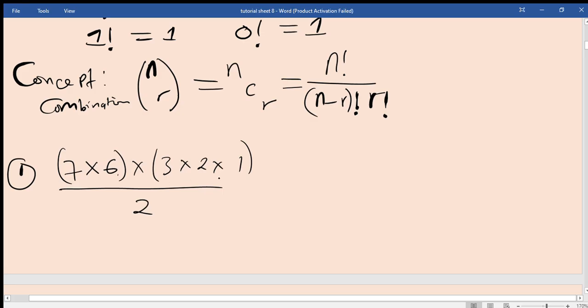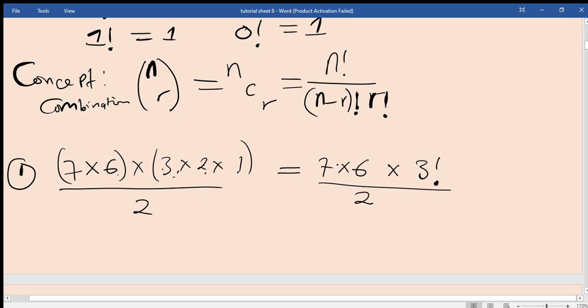So on top here we don't have a 7 factorial, but if I keep the 7 by 6, this is not yet in factorial format, but 3 to 1 is obviously a 3 factorial, because 3 times 2 times 1 is the same as 3 factorial. This is divided by 2. But if I want to take this as a factorial form, how can it be?